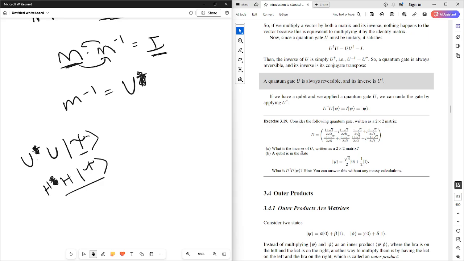And then, for example, it says here, what is U dagger U applied to psi? Well, we know that those two cancel each other out. So the result is simply the original state psi with this original superposition.